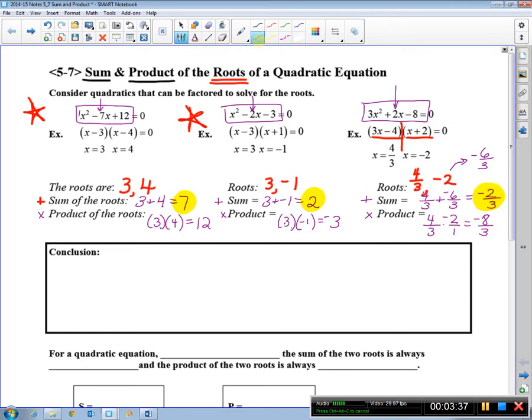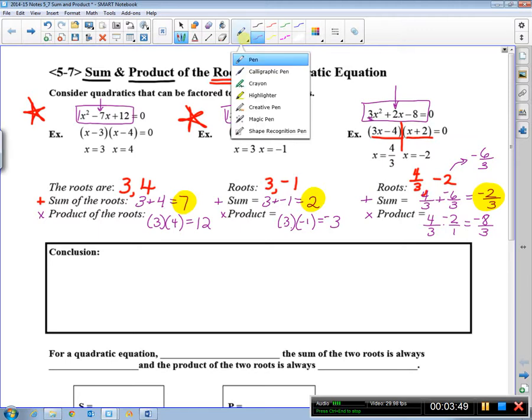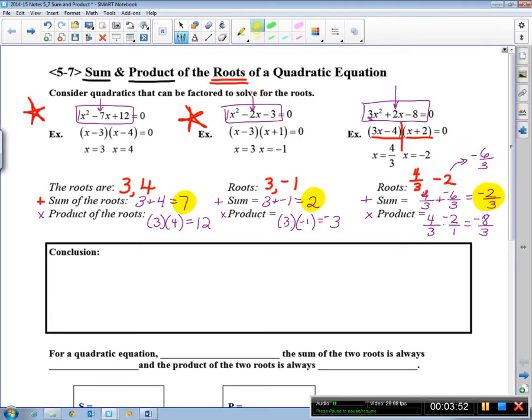There's another difference in these quadratics. These two start with a 1, and this one starts with a 3. Any conclusions? I would conclude that this number divided by 1 is the opposite of the sum. This number divided by 1 is the opposite of the sum. And this number divided by 3 is the opposite of the sum.